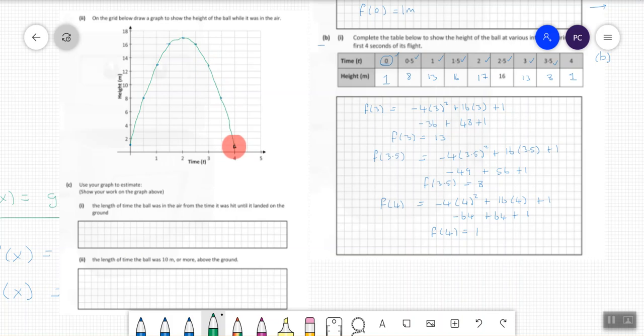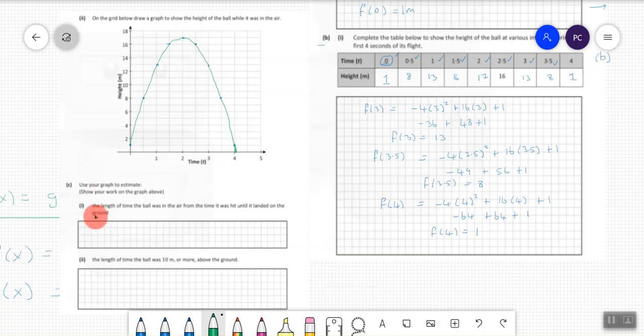And it comes back down to about there. And notice as well that this trajectory here is just past 4. Okay, so the time when it hits the ground is just after 4 seconds, 4.1 seconds.